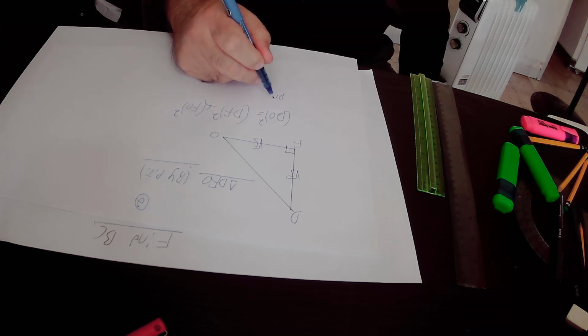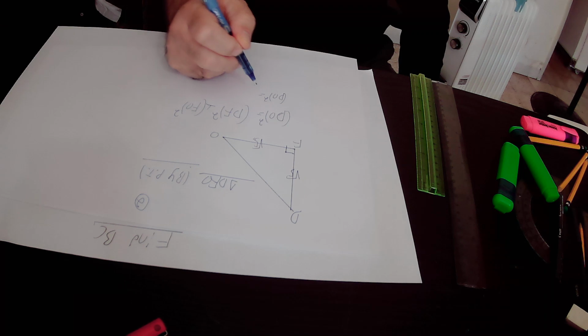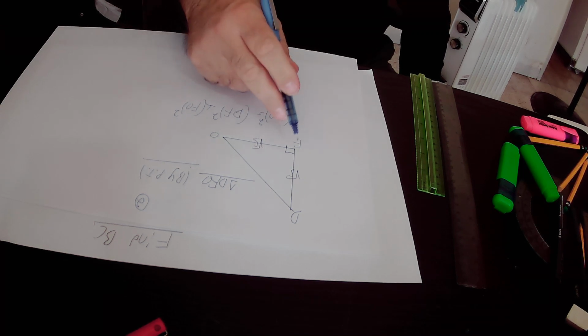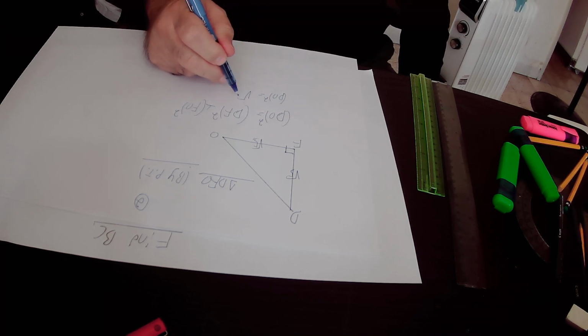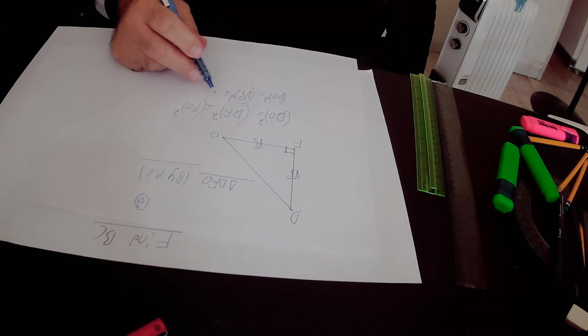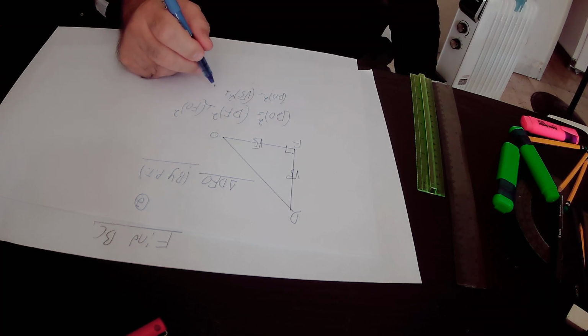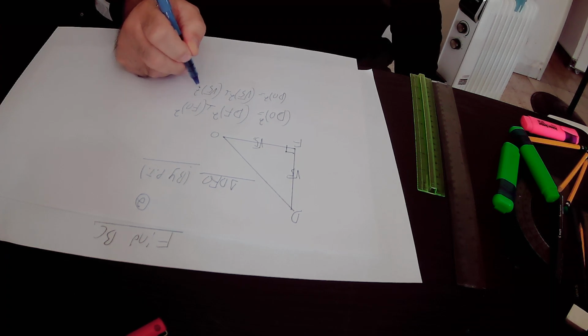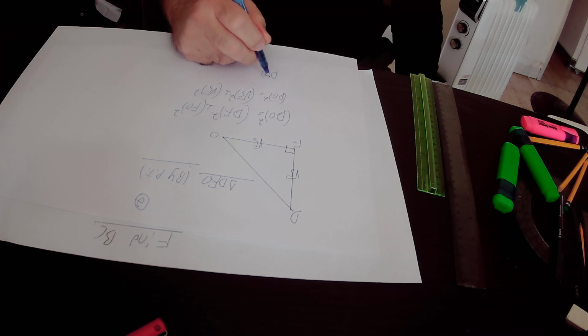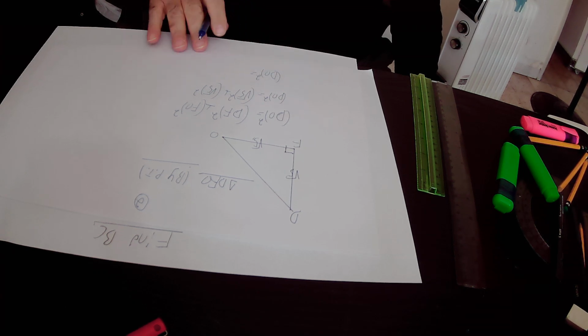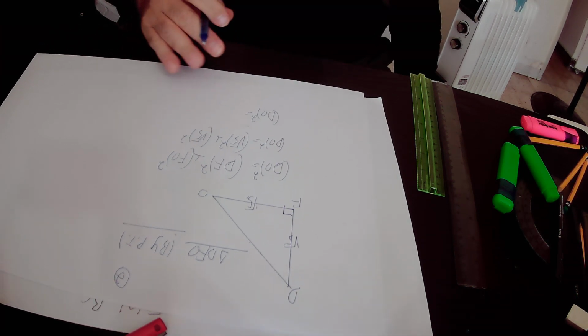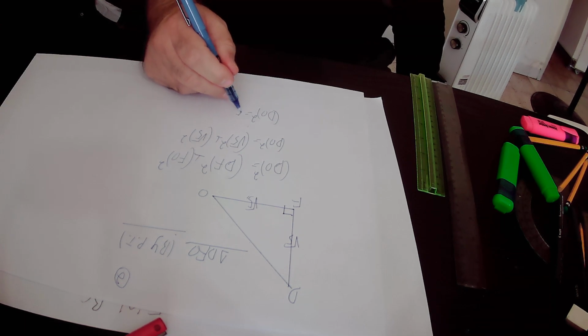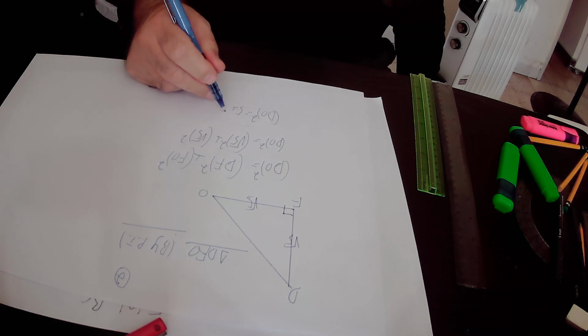So DO square, that is the square of the hypotenuse, equals DF square. DF equals the square root of 5, therefore DF square equals the square root of 5 square, plus FO square. FO also equals the square root of 5, therefore FO square equals the square root of 5 square. So DO square equals the square root of 5 square, which is of course 5, plus the square root of 5 square, which is 5.